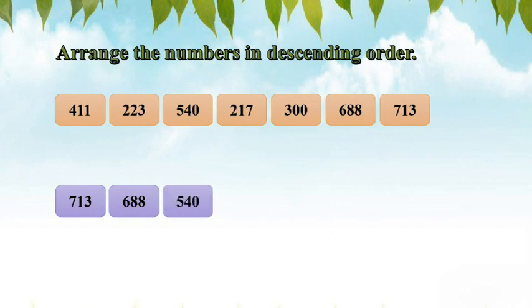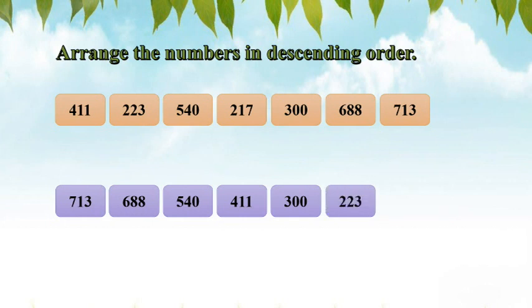And what is the next number? Yes, 411. And the next number is 300. And who can tell me the next number? Yes, 223. And what is the next number? Yes, the last number is 217. You did a good job.